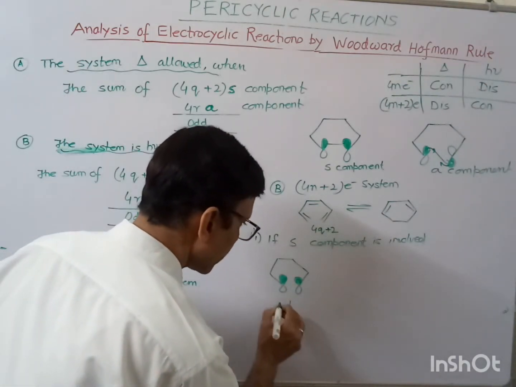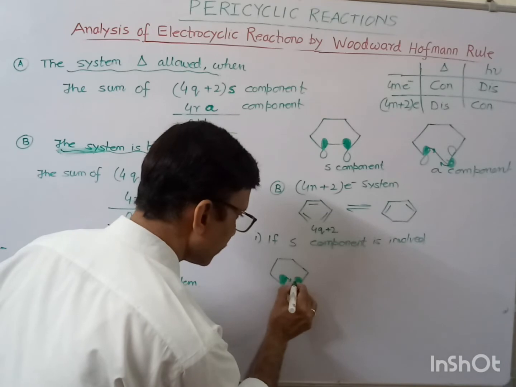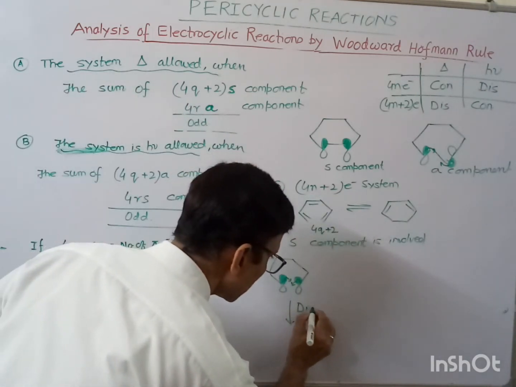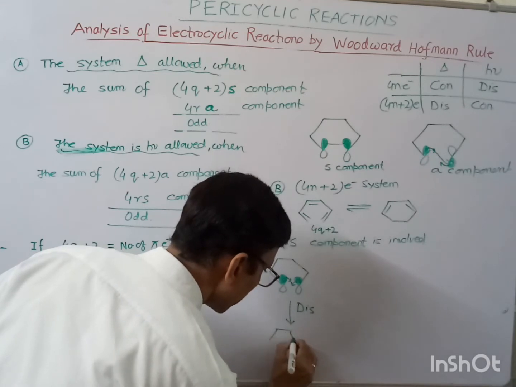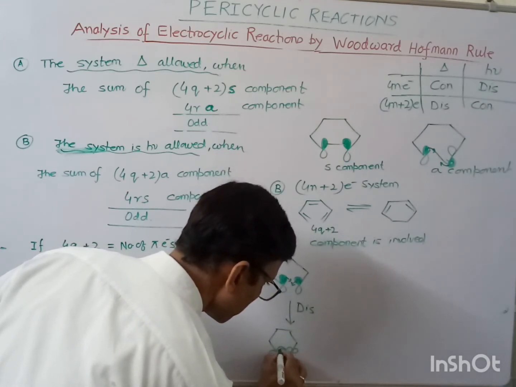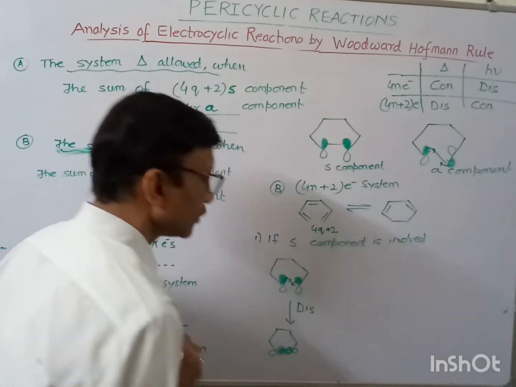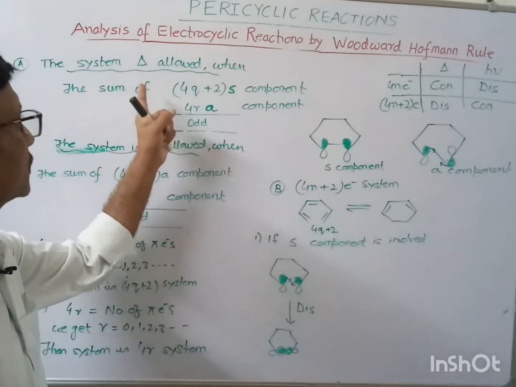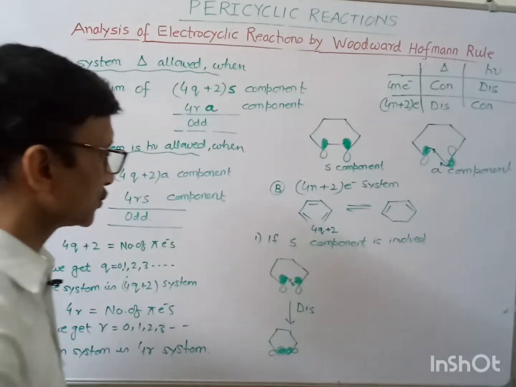So the bond will get formed only when they rotate in a disrotatory manner. Then only you will get the bond formation. So now we should check whether this disrotation is allowed under thermal condition or photochemical condition.